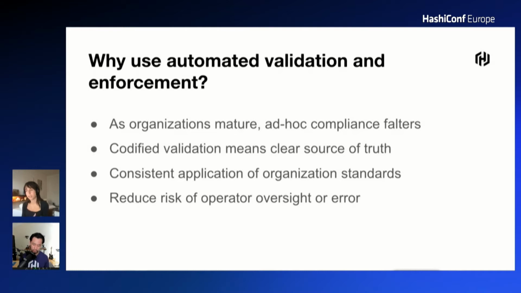Since they're codified, that means that you can trust that there's consistent application of those standards because it's automated. So that reduces the risk of operator error. It means that you're not relying on your teammates and organization members to enforce those standards. You're just trusting the systems that you've put in place to validate your infrastructure.